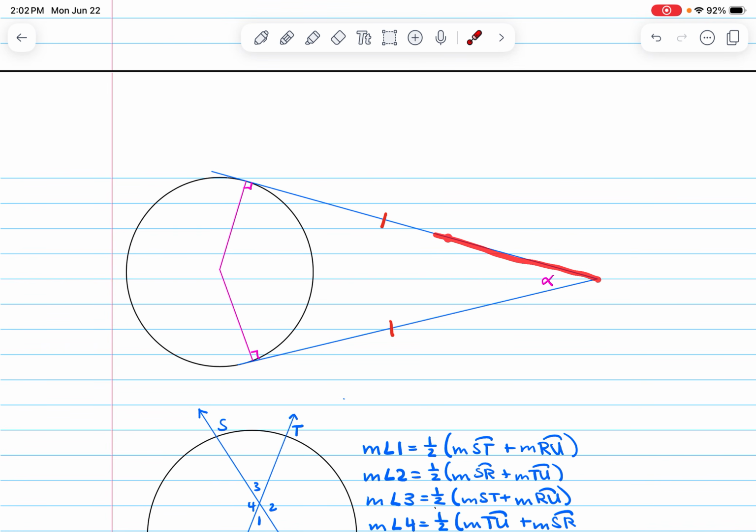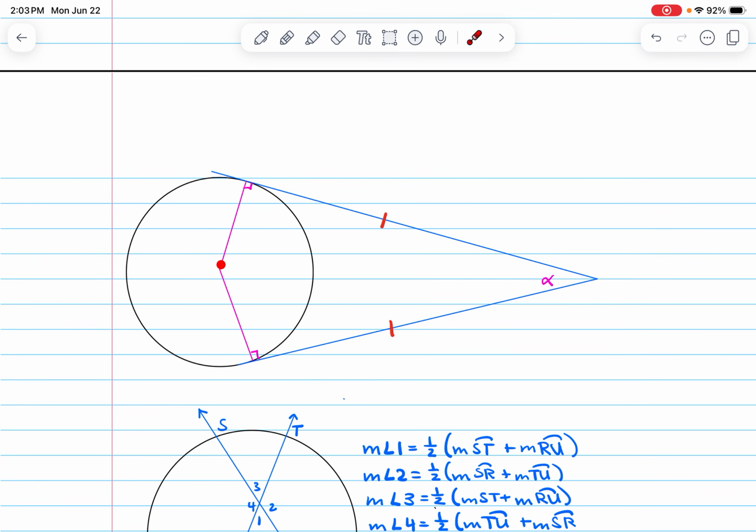When a tangent comes up here and meets a radius that comes up from the center of the circle, here's a tangent. It touches the circle right here, and the radius comes up here and meets at that point of tangency. Whenever that happens, a right angle is formed.